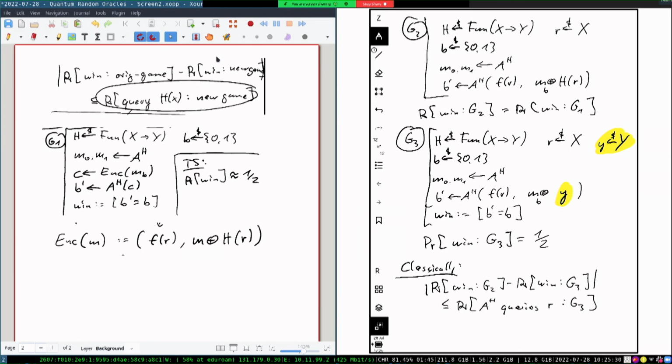And now, how likely is it that AH queries R in G3? Well, if you look at G3, this game here, R is picked here. It's put through the one-way permutation given to AH, and is not used anywhere else.